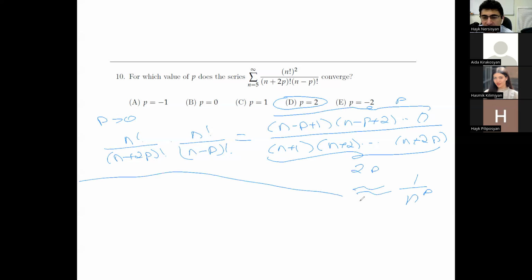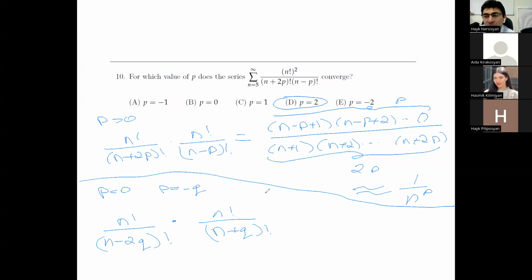So let's try to use this space. Let's consider p is negative, so p is something like -q, where q is positive. And now n factorial divided by n minus 2q factorial, times n factorial divided by n plus q factorial.